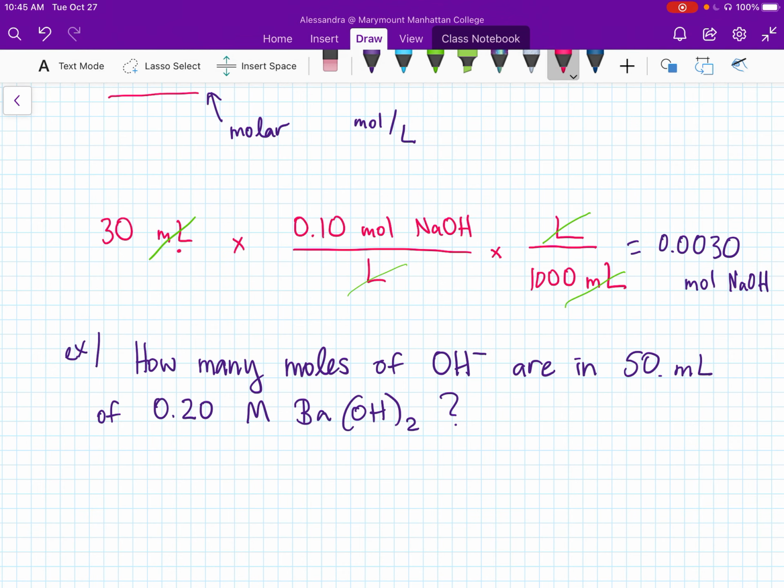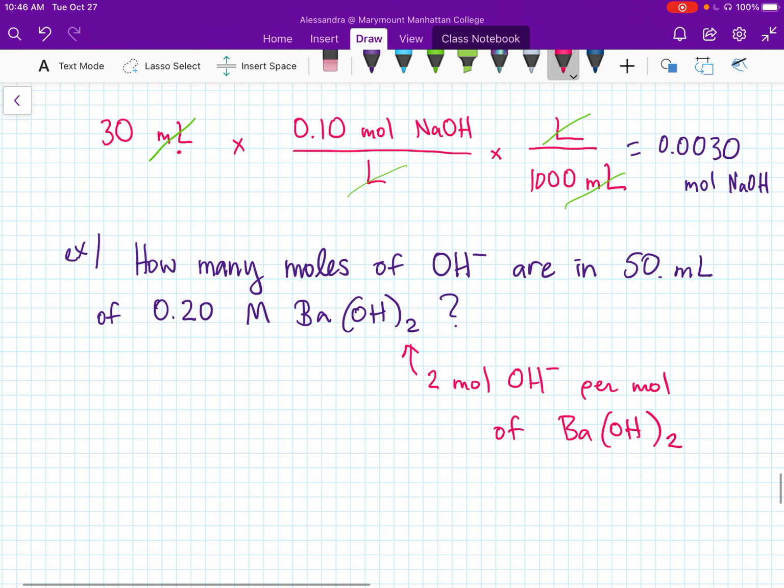If you look carefully at the formula, you can see that for every 1 mole of barium hydroxide that dissolves, we're going to have 2 moles of OH minus coming out. So this is going to affect our calculation here.